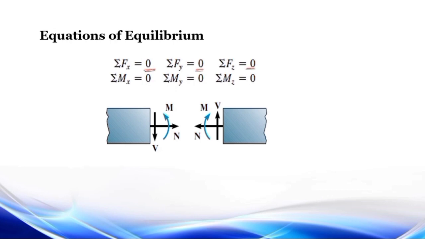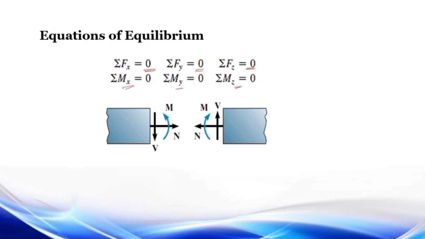The summation of the forces in the z direction is equal to 0. For the moment, we have the summation with respect to the x-axis should be equal to 0. The summation of the moment about the y-axis is equal to 0, and the summation of the moment about the z-axis should be equal to 0 in order for us to attain the condition of equilibrium.